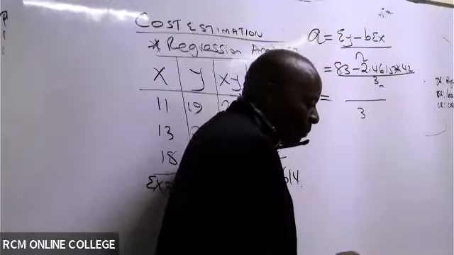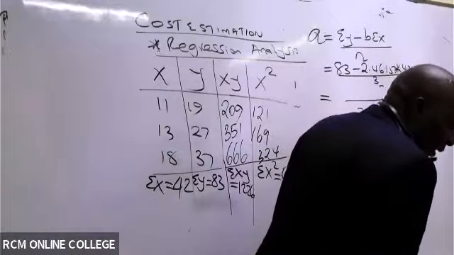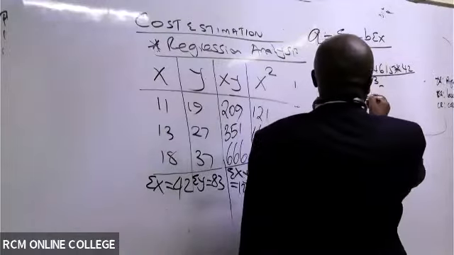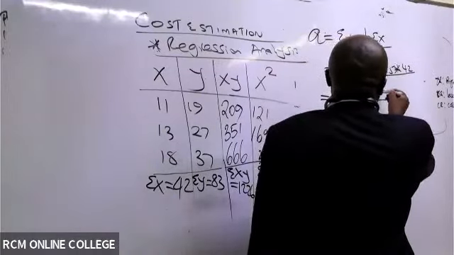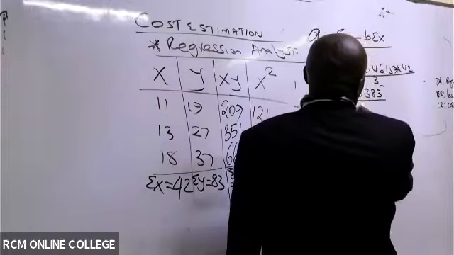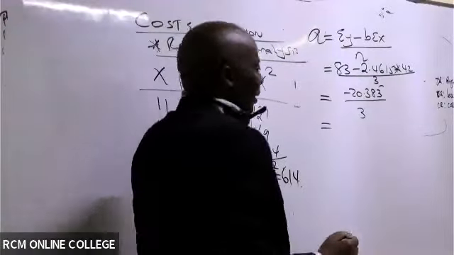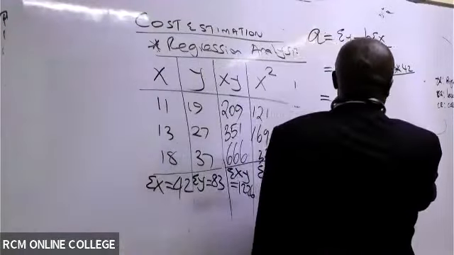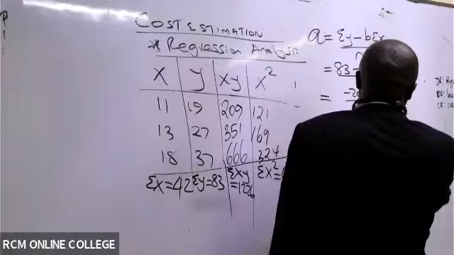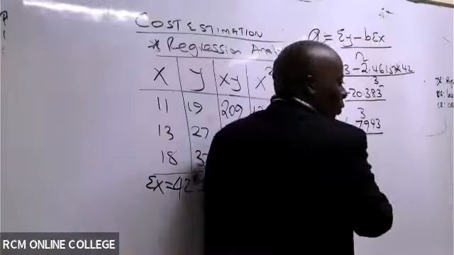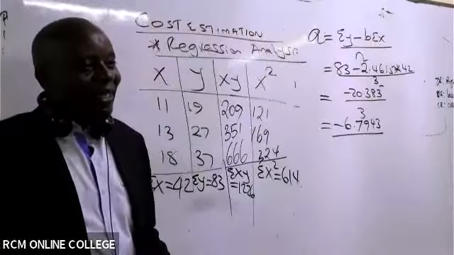So I'm being given minus 20.383. Then when you give me the quotient, what value are you going to get at the end of the day? Minus 6.7943. Do we stop here after getting the values of A and B?